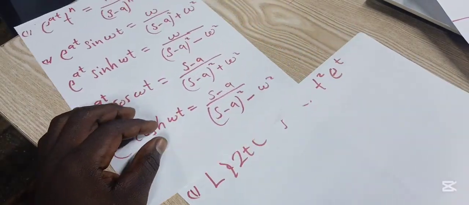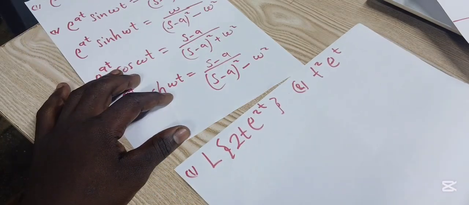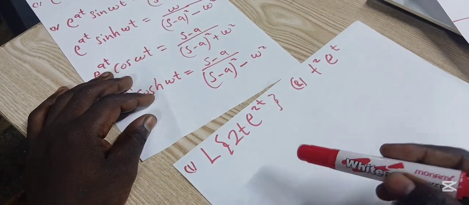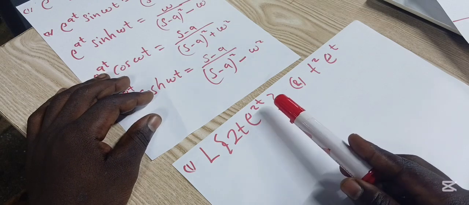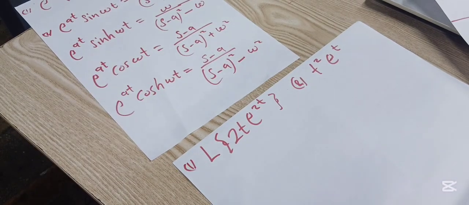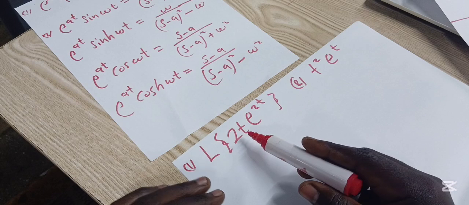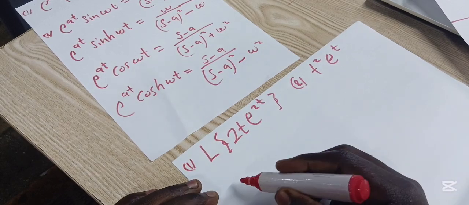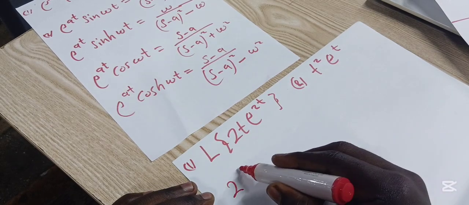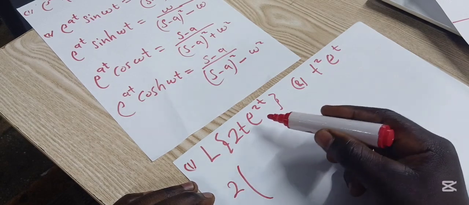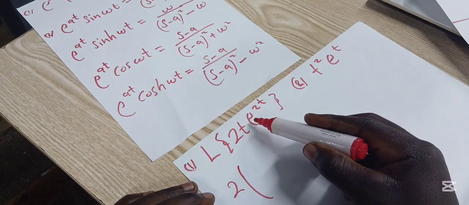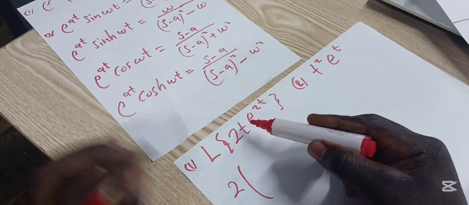Now that we know these formulas, let's try applying them. So we have to find the Laplace transform for 2t e to the power 2t. And we know for a coefficient, we just leave it like that. So 2 into bracket, what is the Laplace transform of our function in the form e to the power at t to the power n? So this function is of the form this.